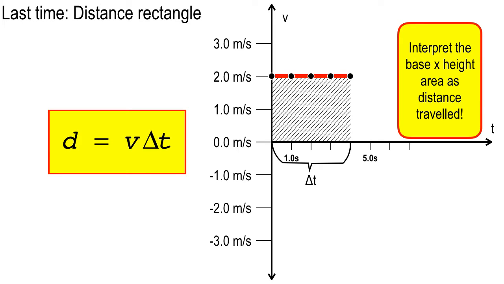That is the most basic interpretation of the area underneath the velocity versus time graph. We did that last week, the distance rectangle.